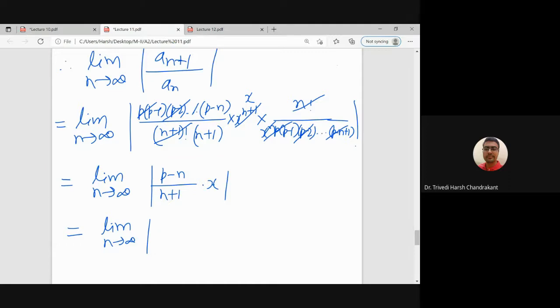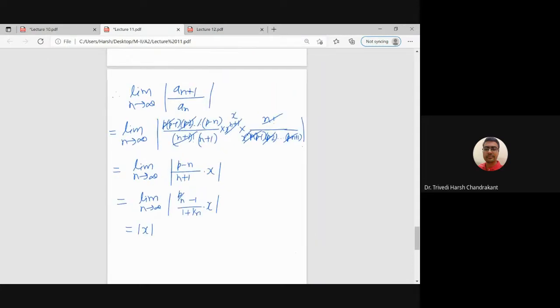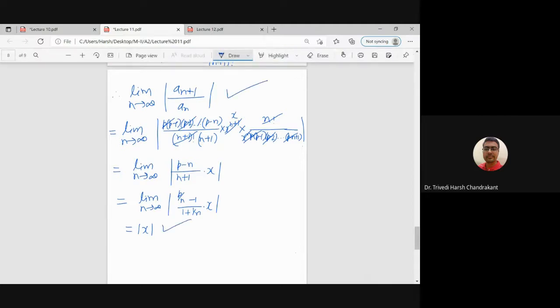So this will be p by n minus 1 plus 1 by n times x, taking limit inside. So p by n and 1 by n will be 0. Modulus of minus 1 is 1. So essentially we get mod x. Right. So what is this limit of the ratio? Limit of the ratio is mod x.